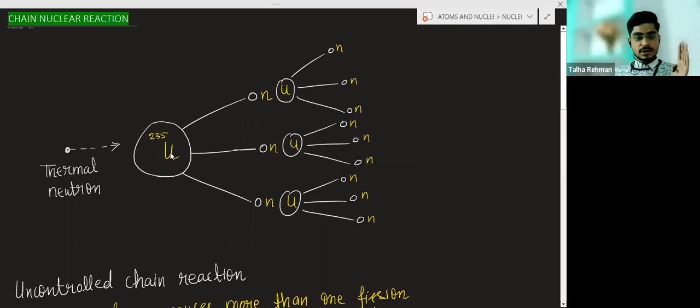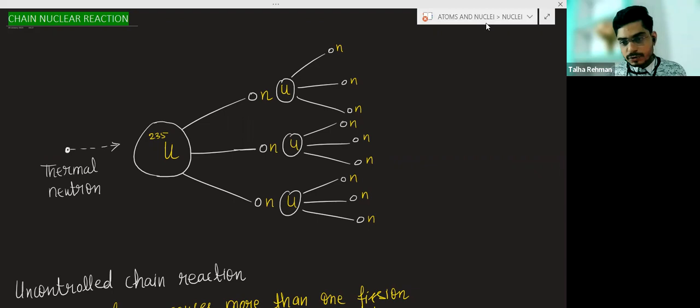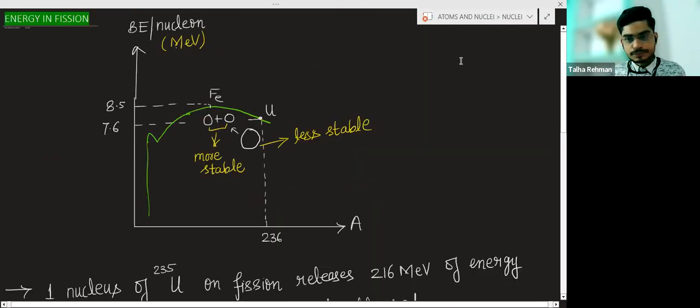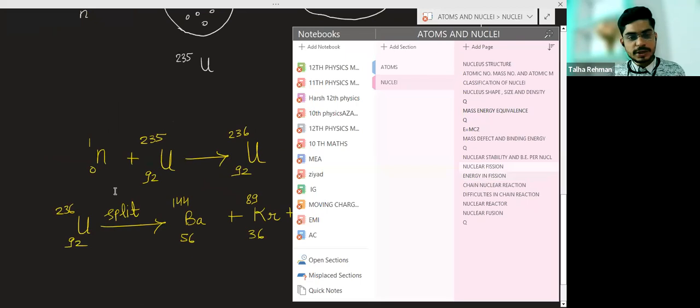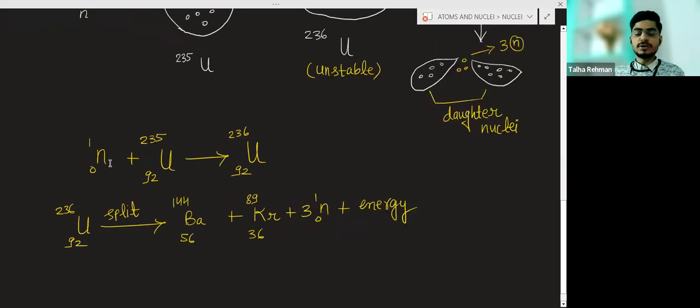Again, I am telling. This is uranium-235, nucleus of uranium-235. This is a thermal neutron. Thermal neutron is entering into the uranium-235. So due to this thermal neutron, the fission is induced and fission of uranium-235 will take place. So how does the fission of uranium-235 take place?